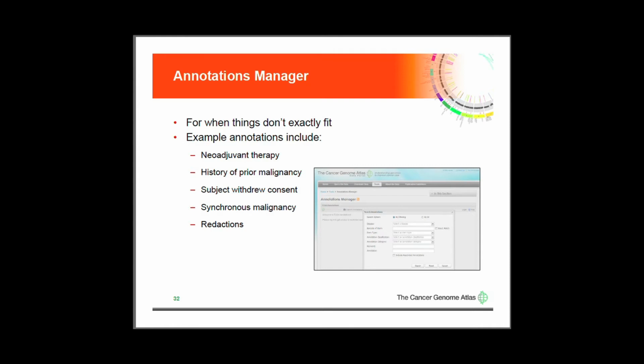But you'd want to go to this annotations manager, which is also on the main TCGA data portal, and you can look up the cases in question and see if there's anything funky noted about them. Some cases have been redacted. I believe about 4 or 5 patients in TCGA have withdrawn consent.